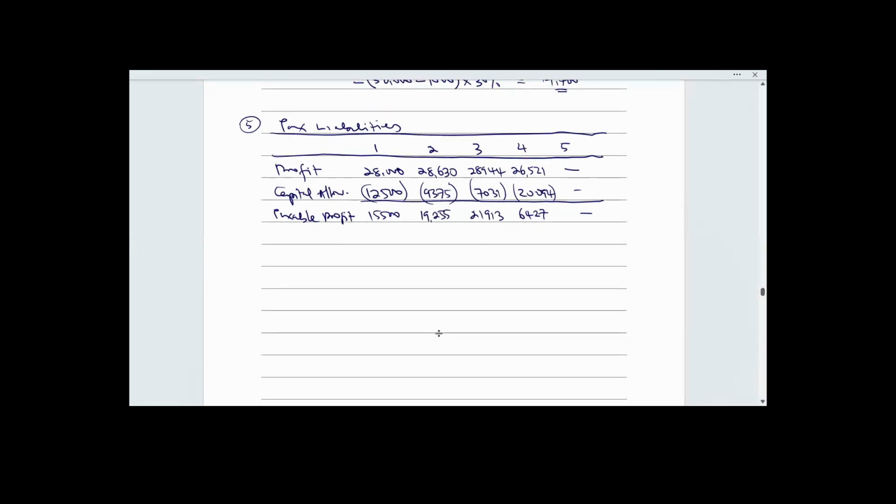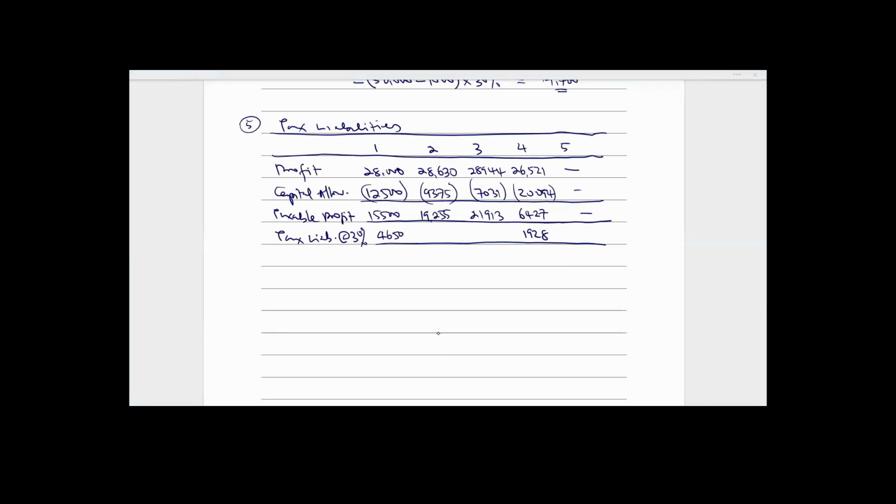So from these taxable profits, the examiner has told you that tax liability is 30%. I would then say tax liability at 30%. Therefore, 30% of 15,500. 15,500 multiplied by 0.3 equals 4,650.